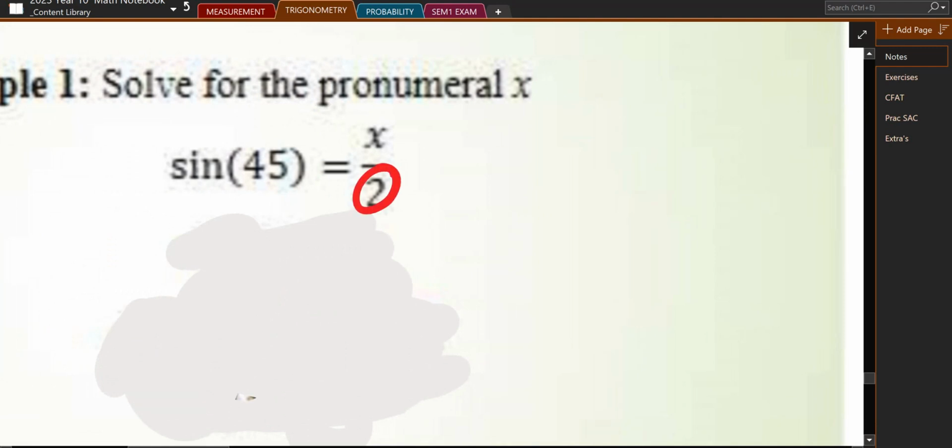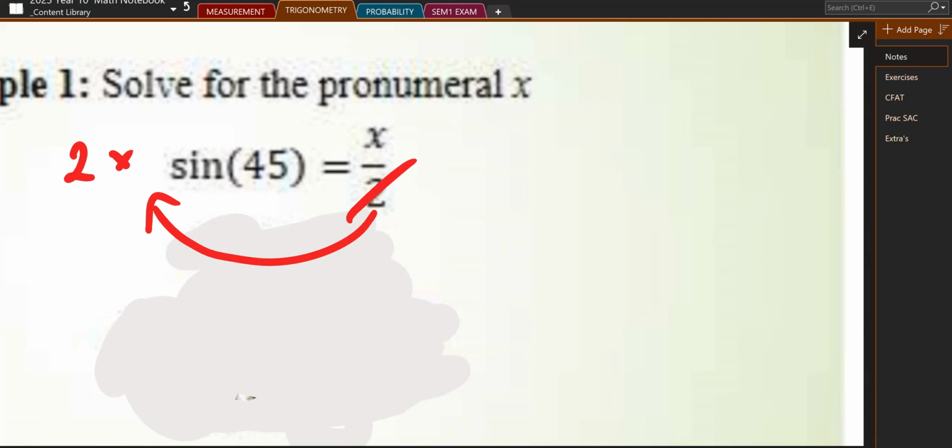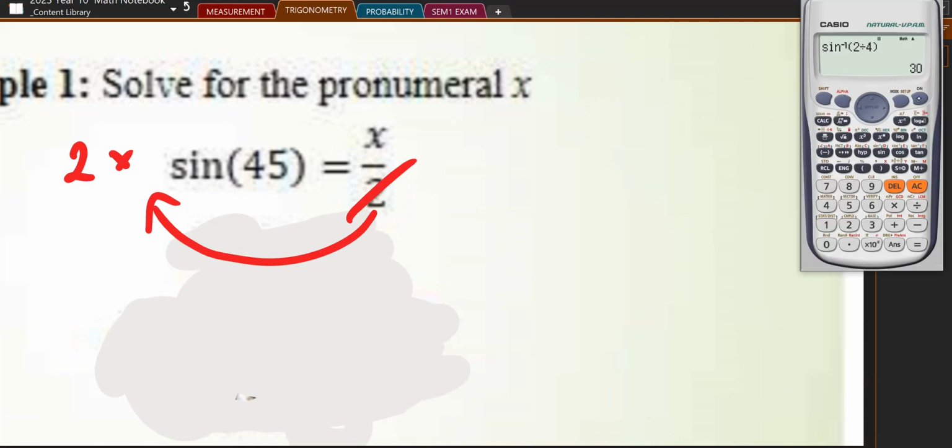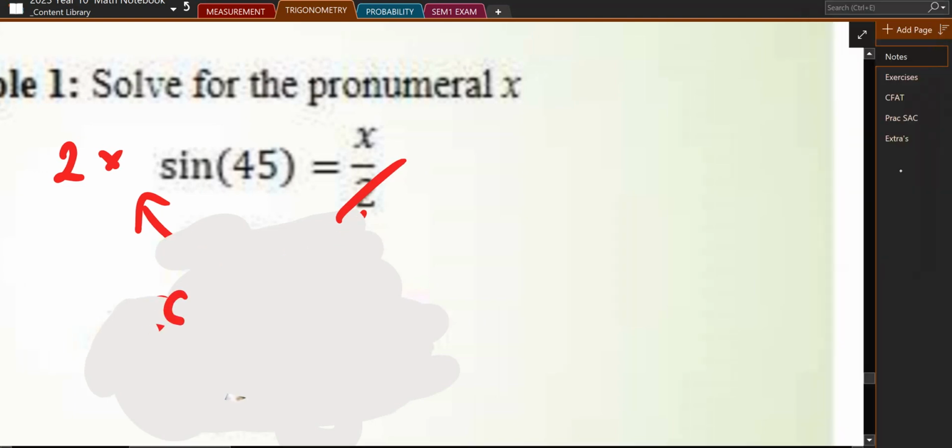Now that is a divided by 2 on this side of the equal sign. So if I move it over here, it becomes multiplied by 2. So if I put that in my calculator, it's going to be 2 times the sine of 45. And that will give me whatever x is. If you get that, just press SD. There's your answer. So that means the answer of x is 1.41.